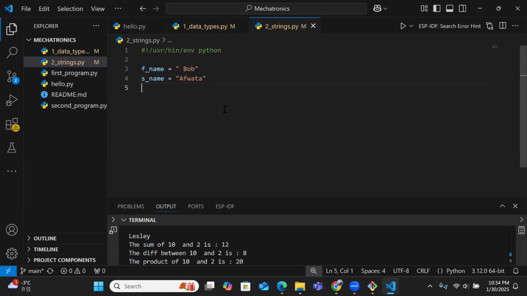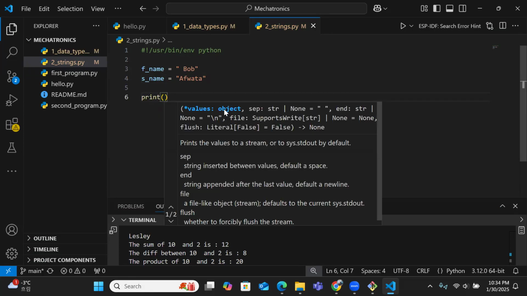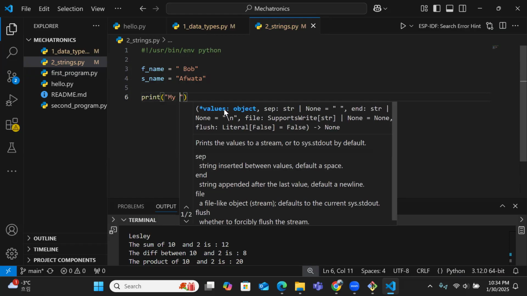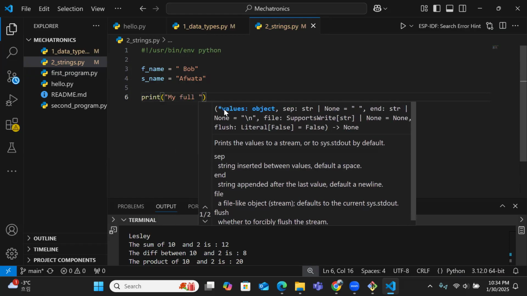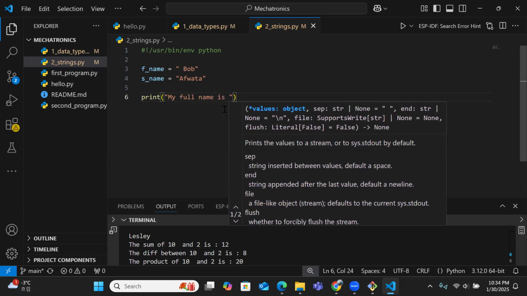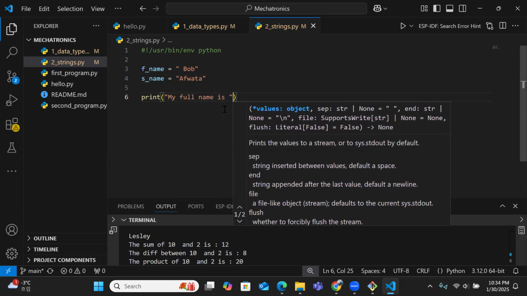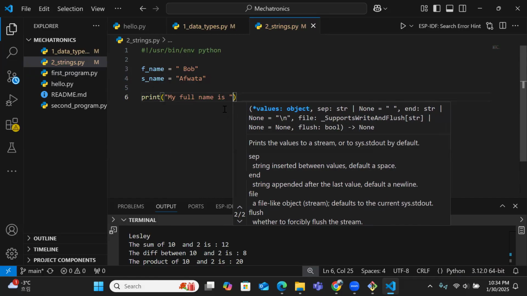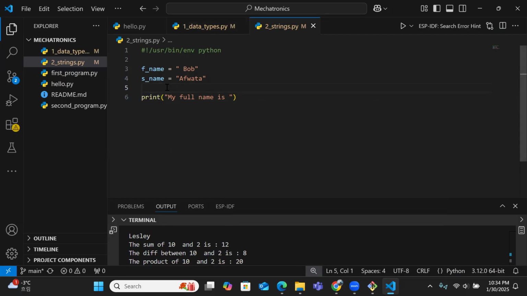Yes. So you can print, in quotes, my full name is. There are several ways to do it, let me just tell you the most simple one.